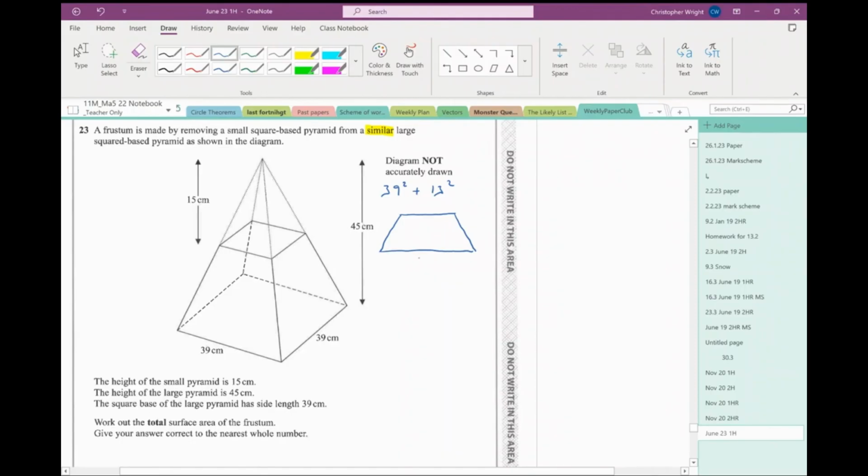The bottom is 39 and this top length is going to be 13, and I'm going to need to find the height here of the trapezium. Now that's not going to be terribly easy without finding this length, which I'll call AB first.